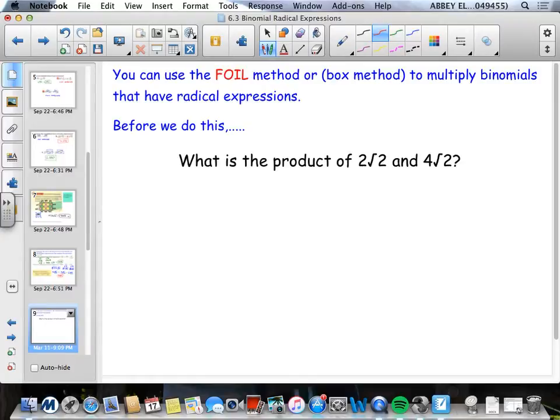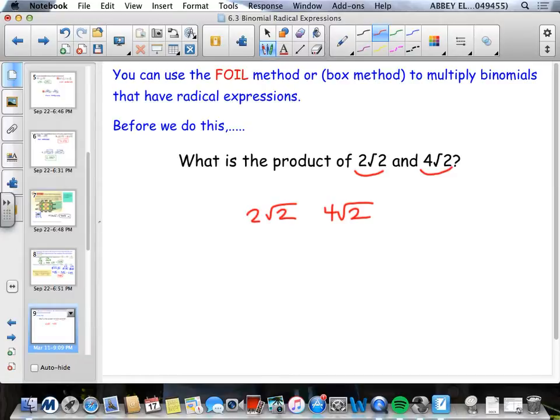So when I want to find the product of these two numbers here, all I have to do is think of the saying, out without, in within. You are literally going to multiply what is on the outside together and what is on the inside together.